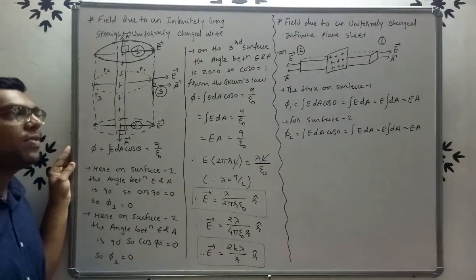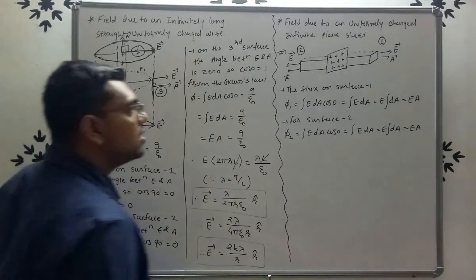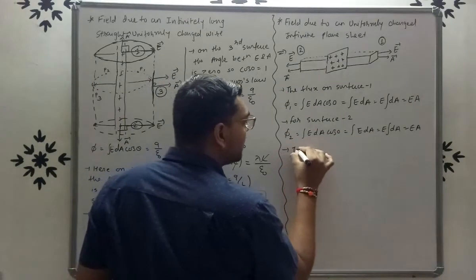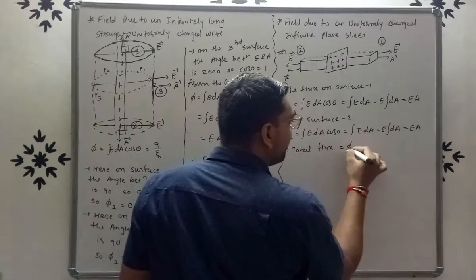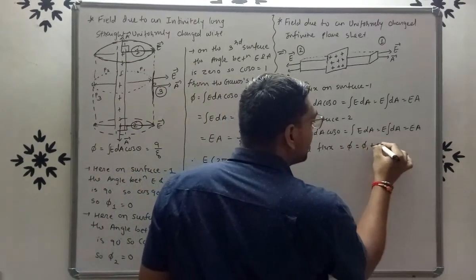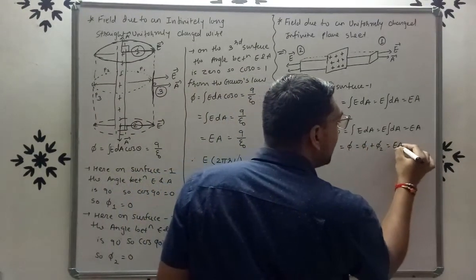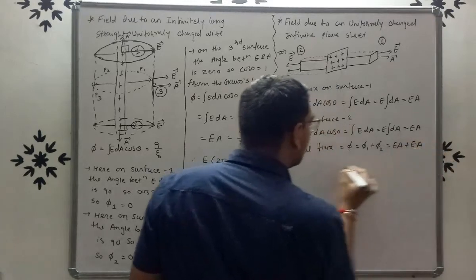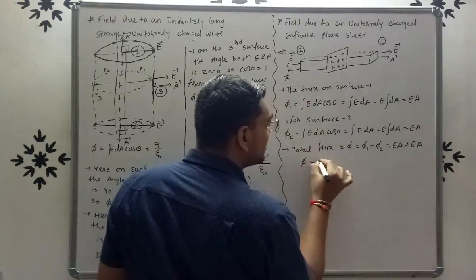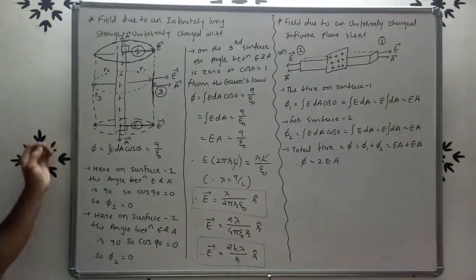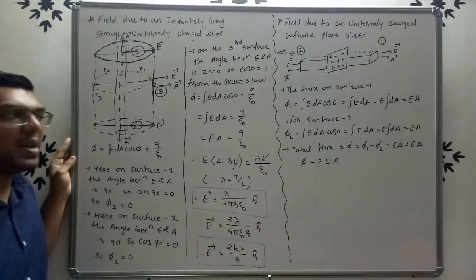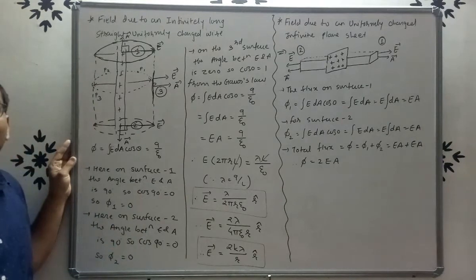So the flux due to surface 2, phi 2, is equal to EA. So the total flux phi is equal to phi 1 plus phi 2, that gives EA plus EA. So total flux phi is equal to 2EA. Right. So the flux of the infinite plane sheet is 2EA.